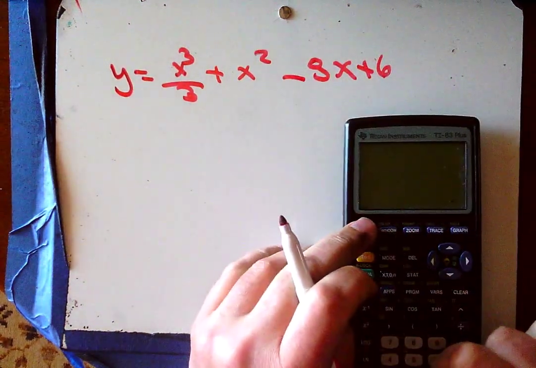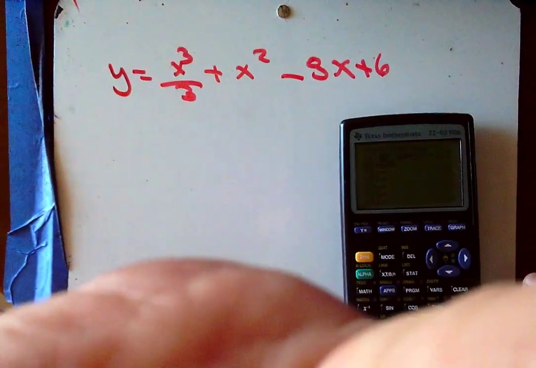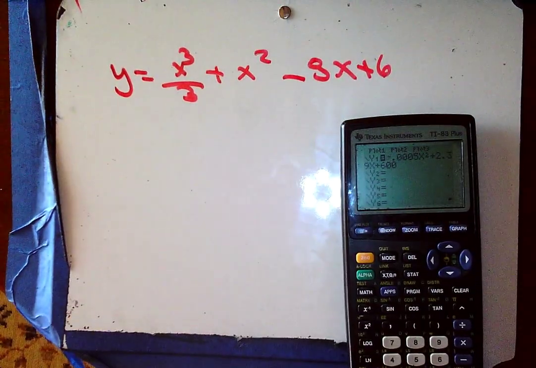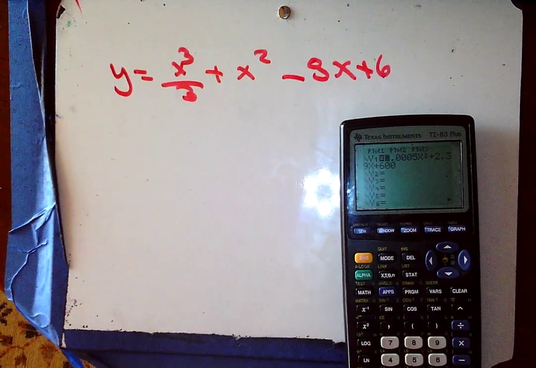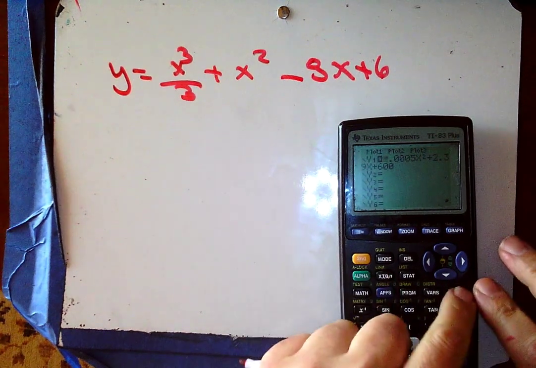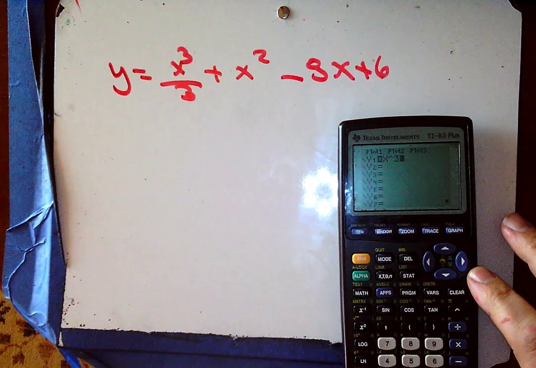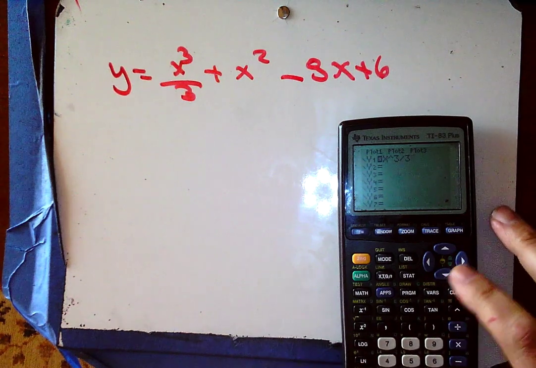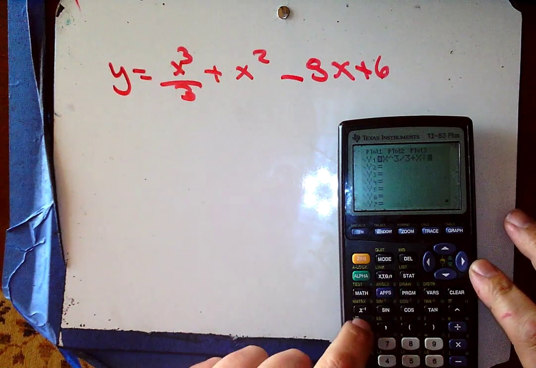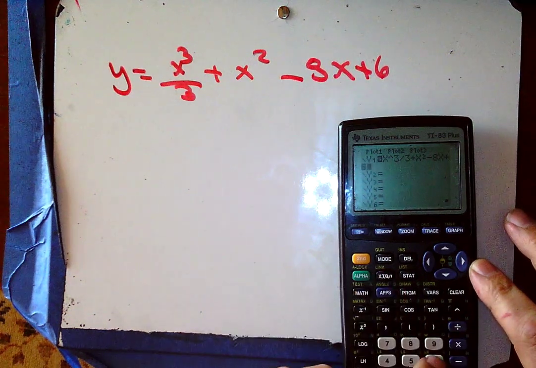So, I can use my calculator to do that. I don't think that light helps at all, does it? Actually, it does. Okay. So I'm going to type in this function, x to the third divided by 3 plus x squared minus 8x plus 6.